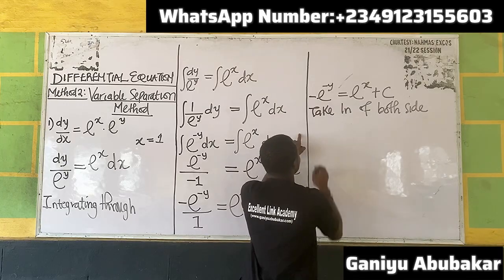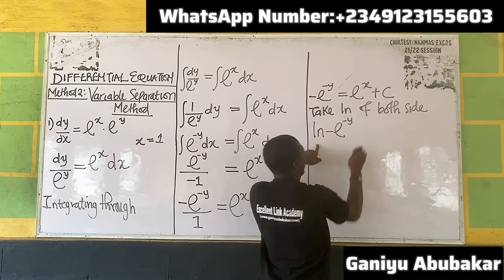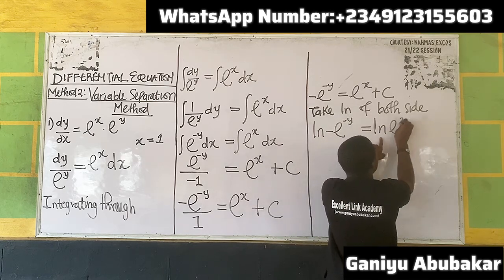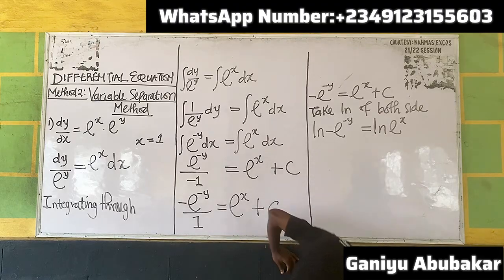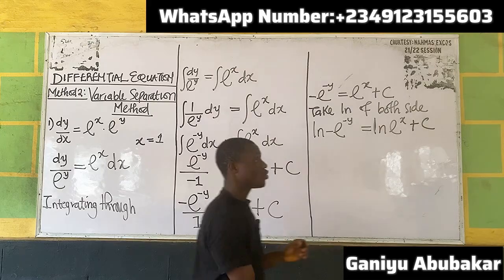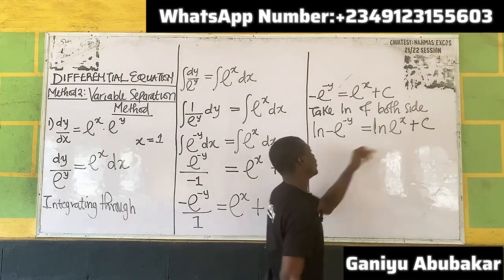So that gives you ln of minus exponential minus y is equal to ln of exponential x plus c. All right, I have this one here, exponential x plus c. So I'll take the ln of both sides this way.